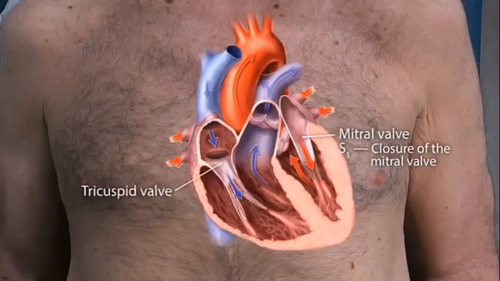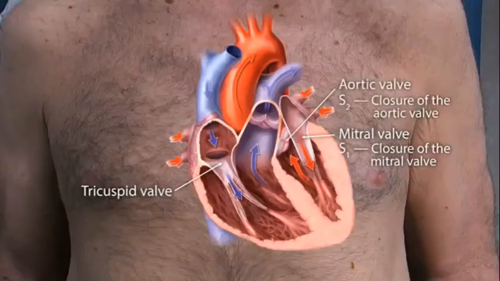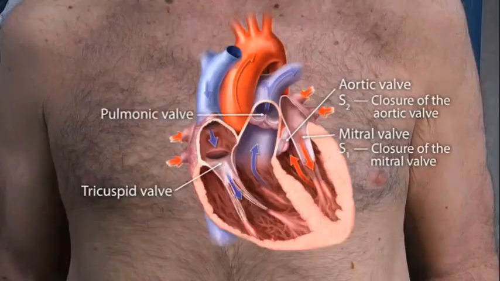Tricuspid valve closure may also contribute to S1. The second sound, S2, arises from closure of the aortic valve. Pulmonic valve closure may also contribute to S2.